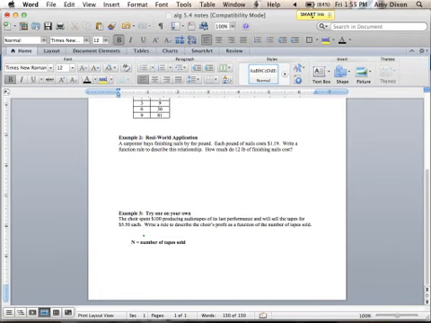So we'll do just P for profit. P equals profit. And you've probably worked with profit a little bit in HOPS last year, but profit is going to equal your revenue, which is how much money you bring in, minus your cost or expenses.